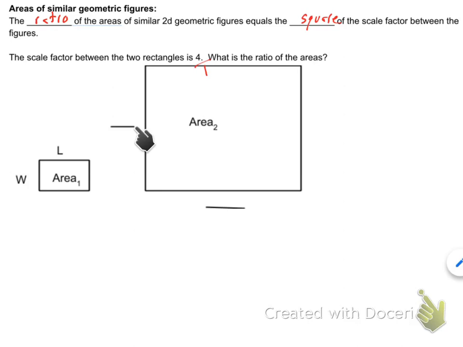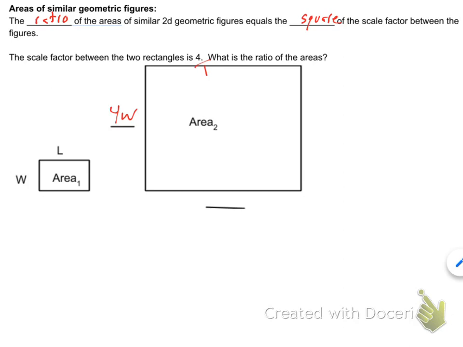It's definitely bigger, by a scale factor of 4. It's 4W. Guys, it's 4 times larger.